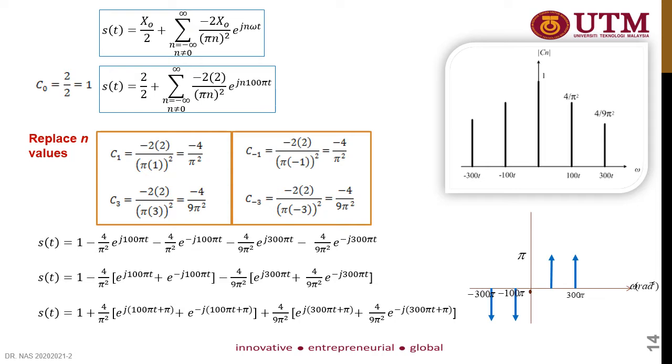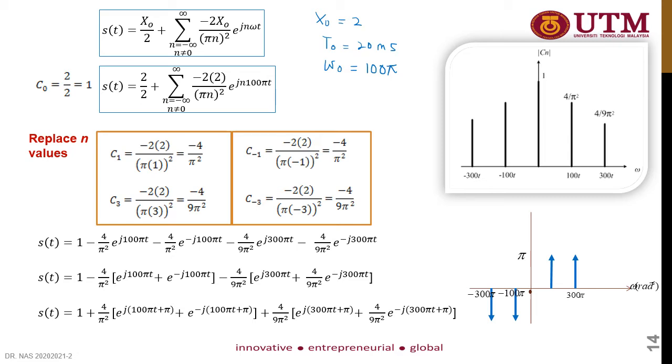Okay, from the previous slide, we know that your x0 is equal to 2 and your T0 equal to 20 millisecond, and from your calculation, omega naught equal to 100 pi radian per second.